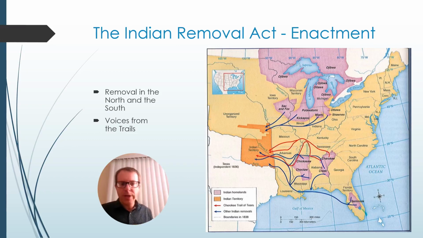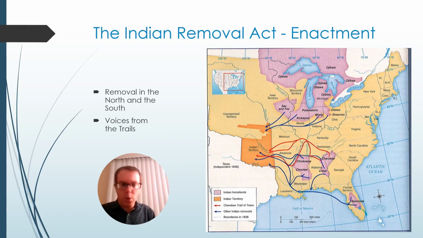There's massive pressure from settlers, both in the North and the South. You not only had Southern planters and white Southerners who wanted this to happen, you had white Northerners in Indiana and Illinois who also supported this very radical policy.